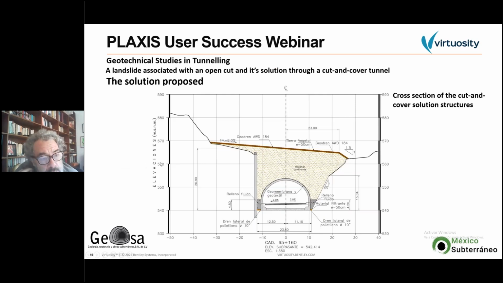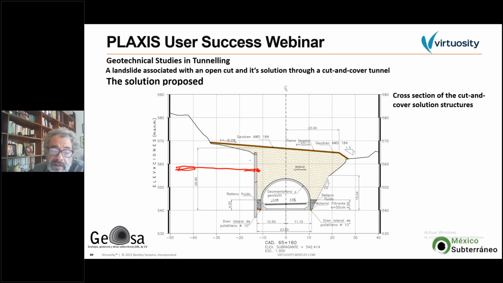So the solution proposed was a cut-and-cover tunnel. We decided not to excavate anything that was already excavated, but to make this cut to put the tunnel here, and this structure is a pile wall, with piles of a meter and something in diameter. Also, not represented here, with these piles we had these beams and this very long active anchor system.